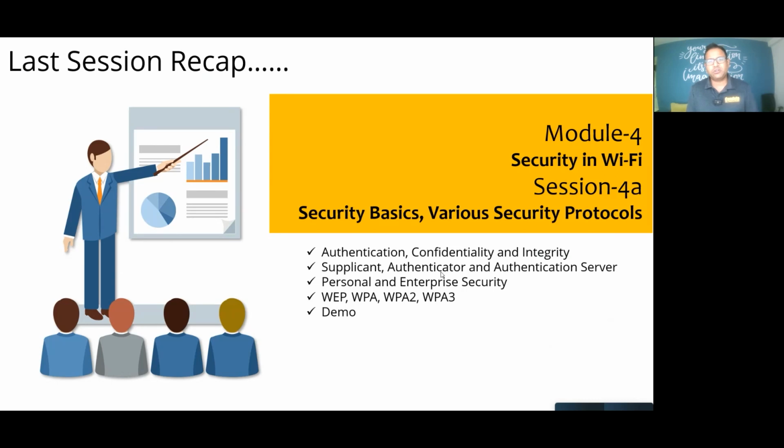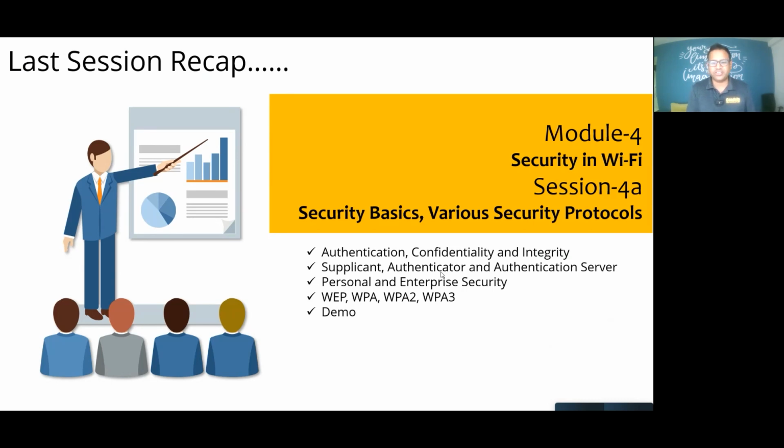Then we talked about the third pillar, which is the integrity of the message. It is also the responsibility of the security protocol to make sure that the information sent from the sender is not tampered with or corrupted at the receiver side, meaning there's some form of message integrity check mechanism that various security protocols use.